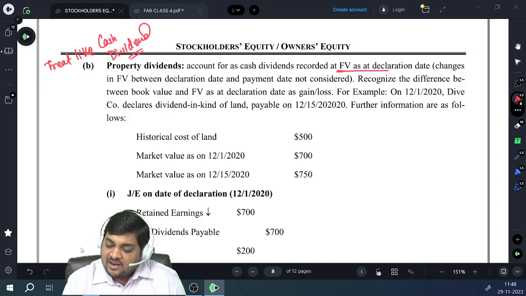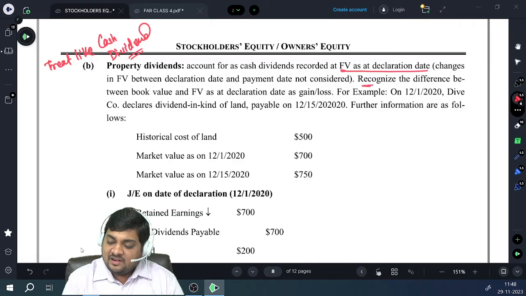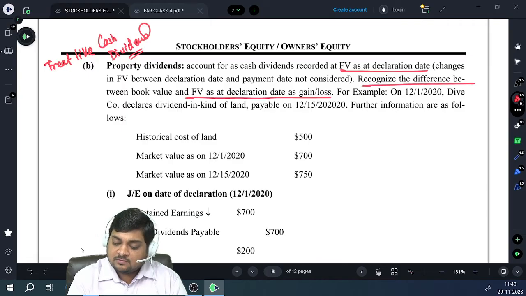Record it at fair value on the declaration date. And whatever is the difference, I will record it as gain or loss.